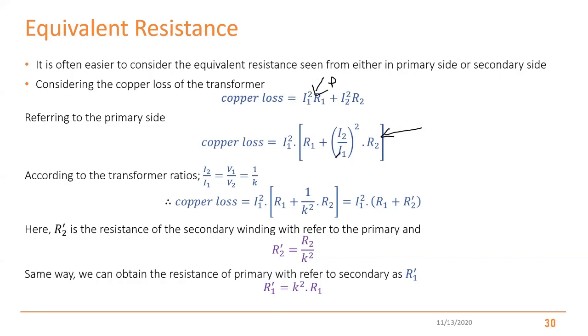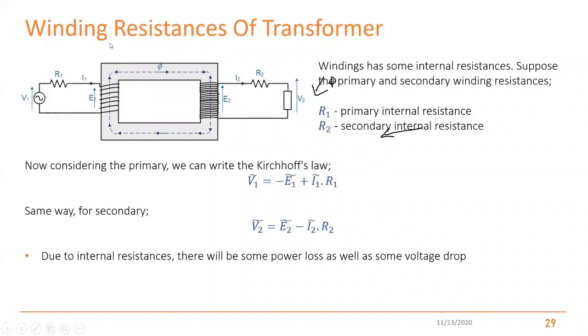Since R1 and R2 are external, this is the ideal transformer.